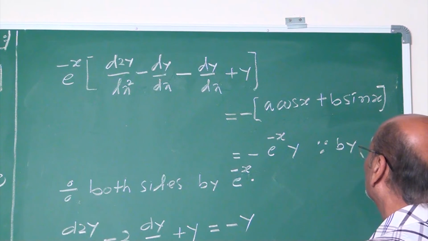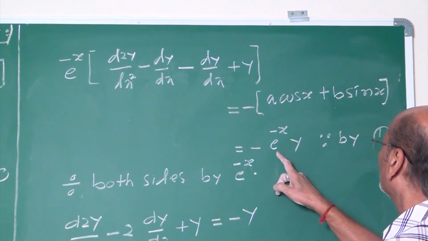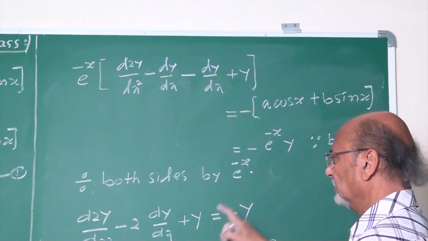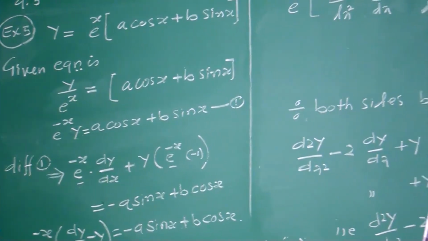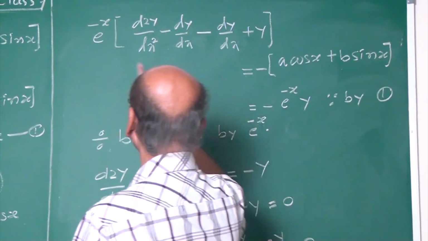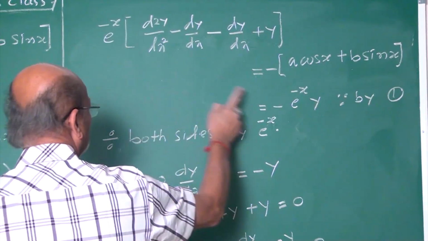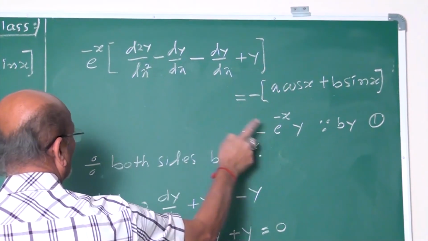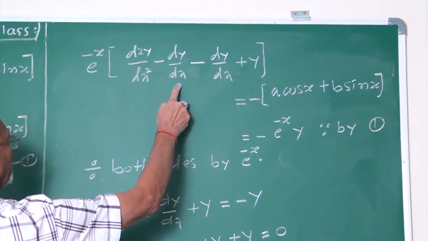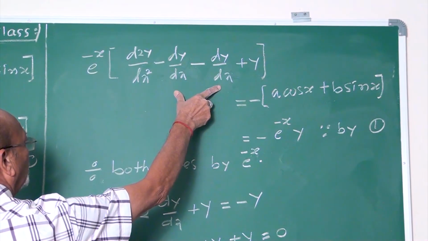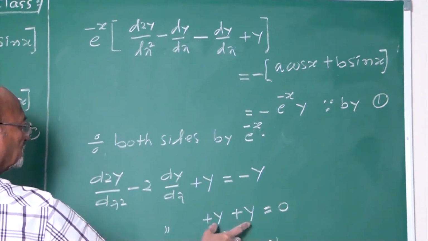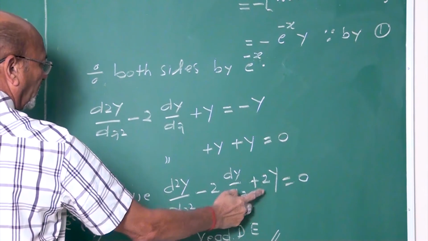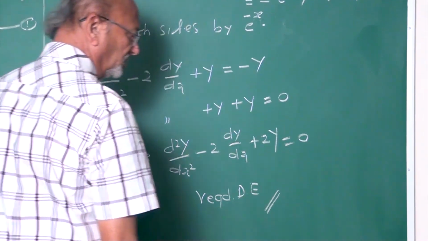This is nothing but e to the power minus x into y, because of 1. Divide both sides by e to the power minus x. So e to the power minus x cancels from both sides, leaving this bracket, second derivative, minus 2 dy by dx, plus y. This minus y taking this side, it becomes again plus y. y plus y is 2y. Required differential equation.